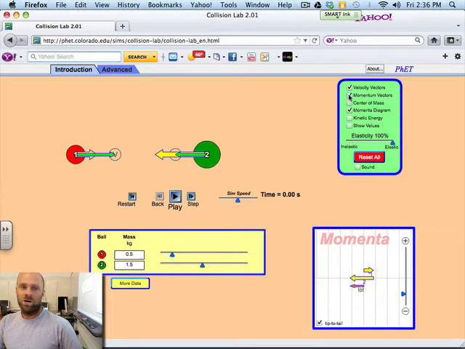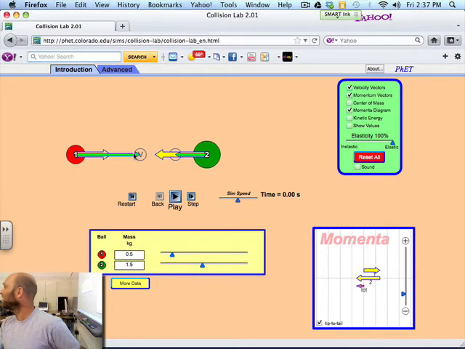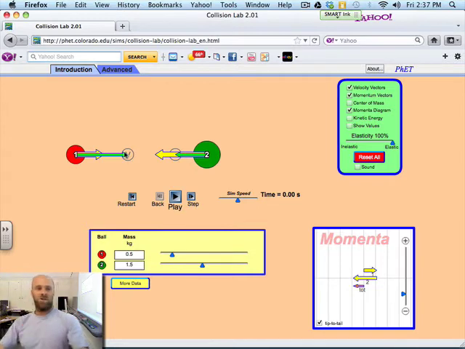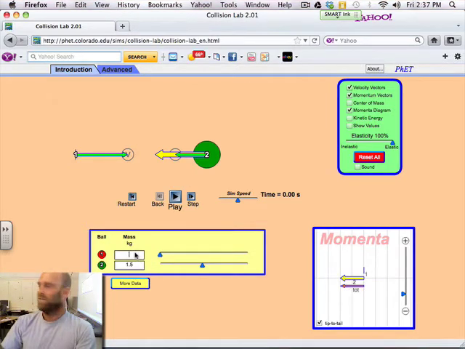The yellow arrows are momentum. If I change my velocity vector, does my momentum vector change? Yes. So obviously momentum depends on velocity, but is momentum velocity? No. There's a trick though. I can make my momentum equal my velocity.